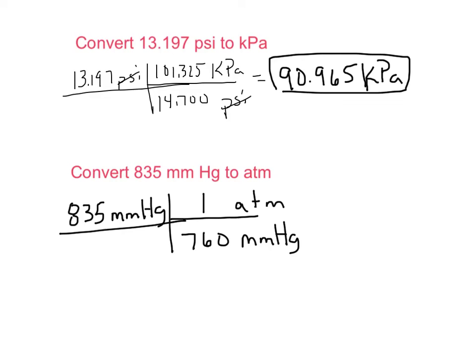This is exactly 760. And so we do 835 times 1 divided by 760. And I got 1.09868, so on and so forth. And in 3 sig figs, that is going to be 1.10 atmospheres. And so if we need to convert between these two, or any pressure units, then we just use that chart from before.